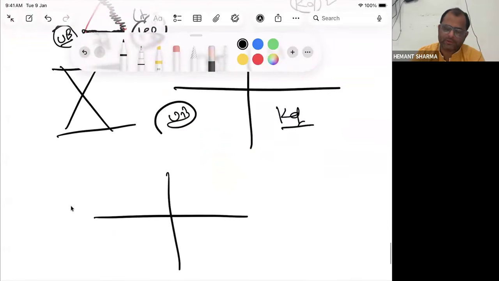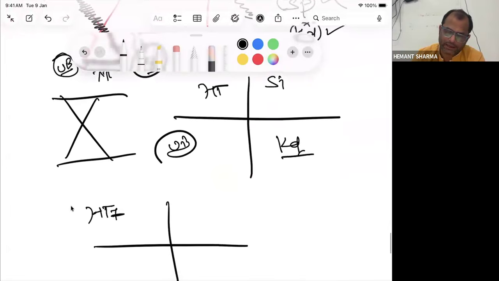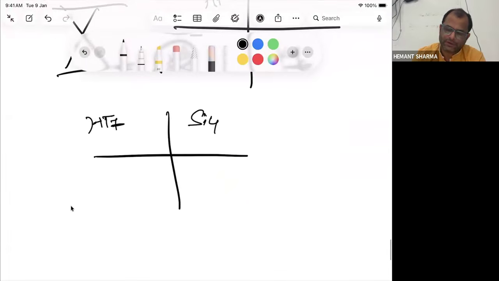So the person is having pain at the neck. I can take heart 7, which is on the wrist. Here I can take SI 4, which is on the wrist. Here I can take kidney 3, which is on the ankle. If I want, I can take UB 60, which is on the ankle.